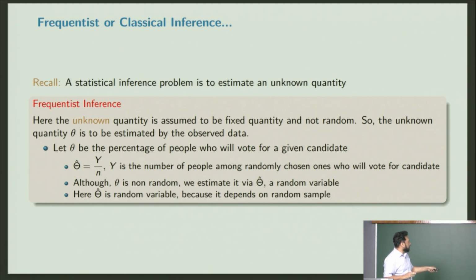Although theta is not random, we estimate it via theta hat, which is a random variable because y itself is a random sample. The way I went out in the field and chose this group or that group was my random choice, right? That creates the randomness. I could have taken the first half of this and the last half of that. The fact that I'm choosing these samples randomly is the reason why our estimator is going to be random.